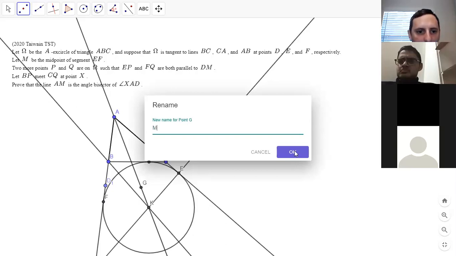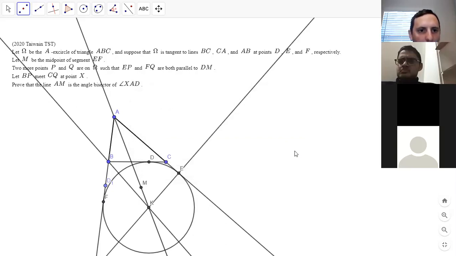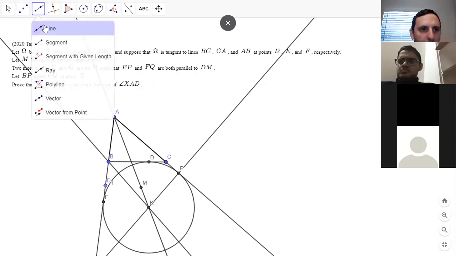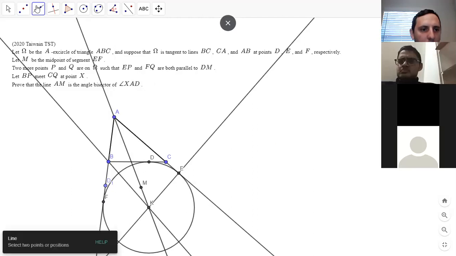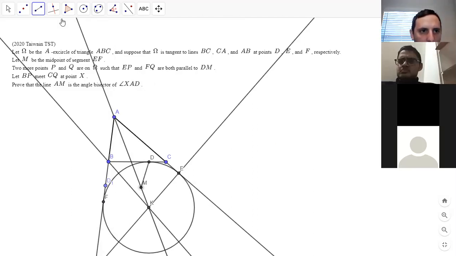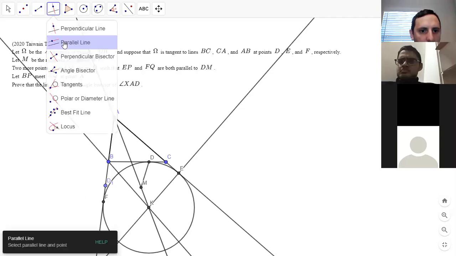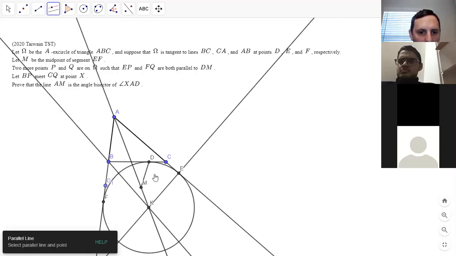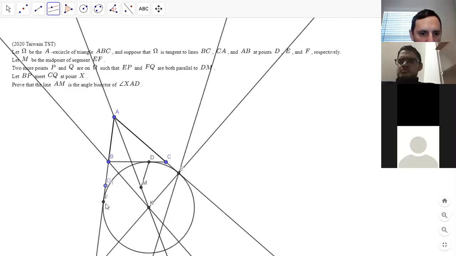And then P and Q are on it. So EP and FQ are parallel to DM. Interesting. So I'm just going to draw the segment, and we want to draw a couple parallel lines. So we have that line and that line.